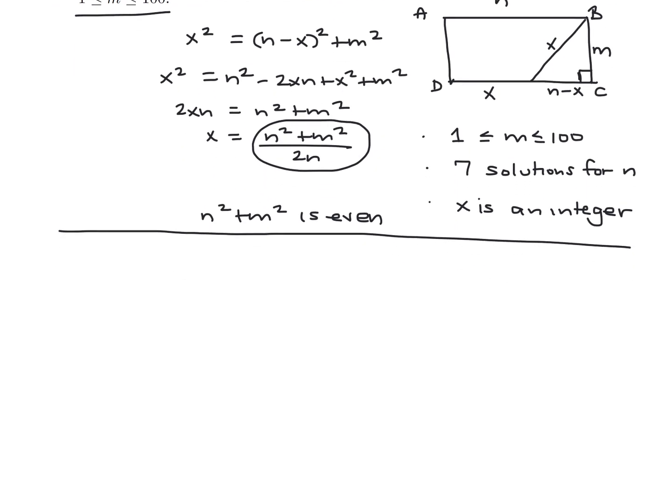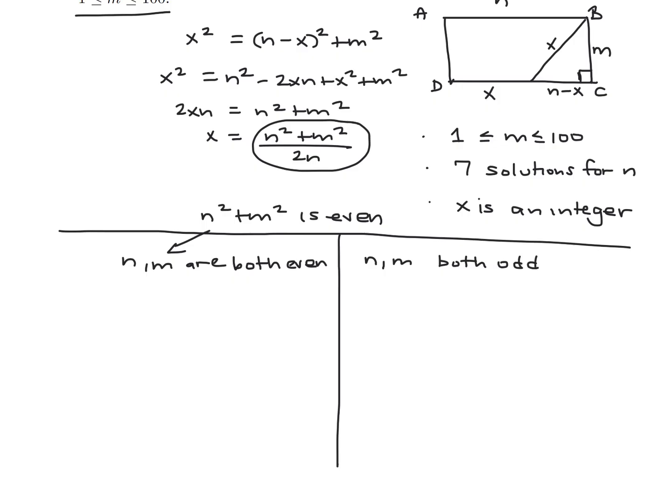We have either that n and m are both even, or we have possibilities that n and m are both odd. Okay, let's work with that. Let's go with this one first here.